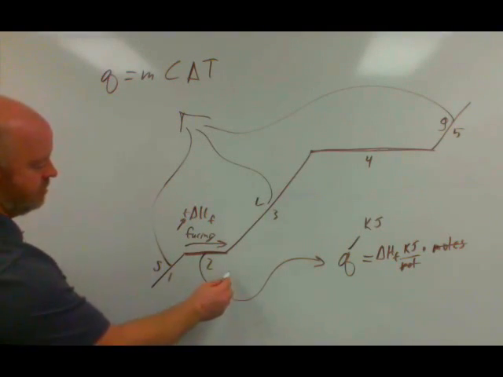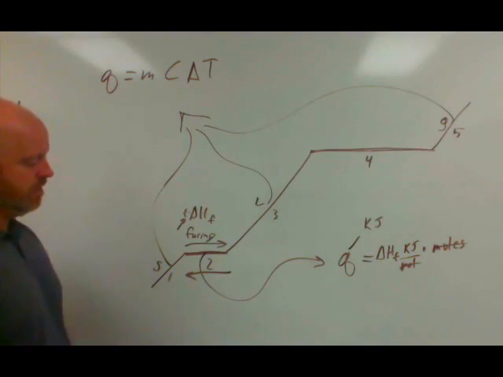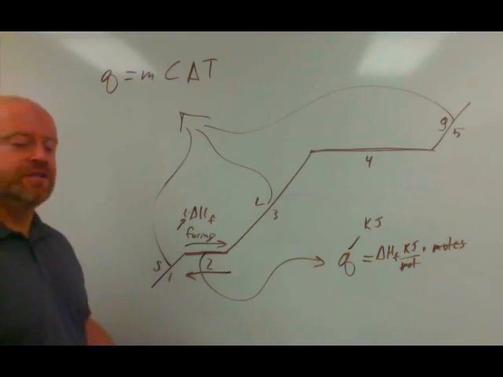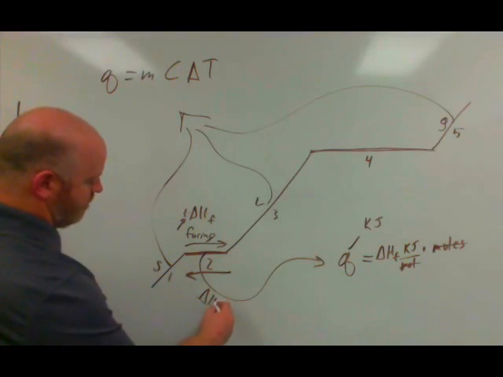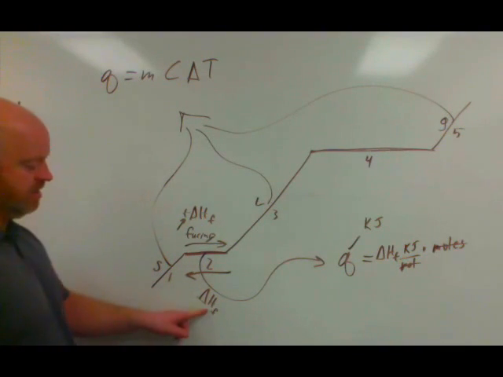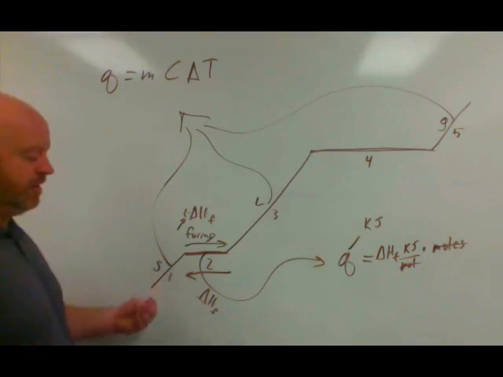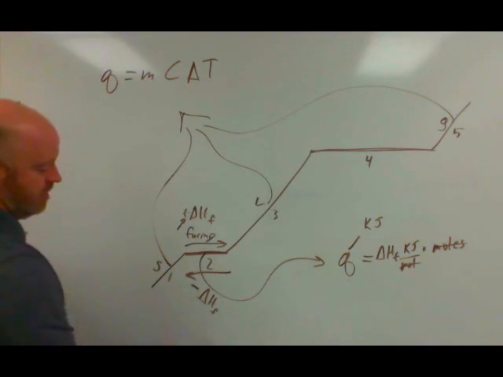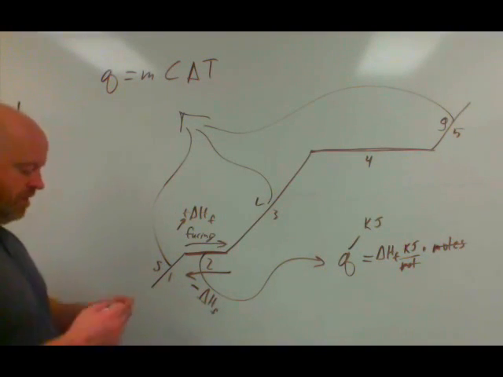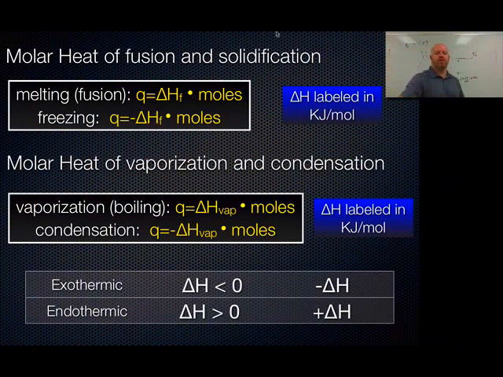However, if we were going this direction on the curve, we're freezing something, which means we're releasing energy. So the same amount of energy change is present, but because we're exothermic, we now make that value negative instead. So as you see on the screen, 2 equations, the only real difference is we have a negative sign for freezing because this will be a negative value instead.